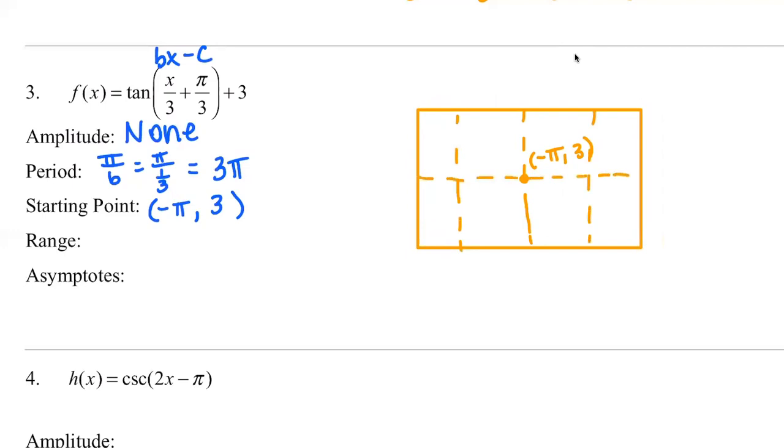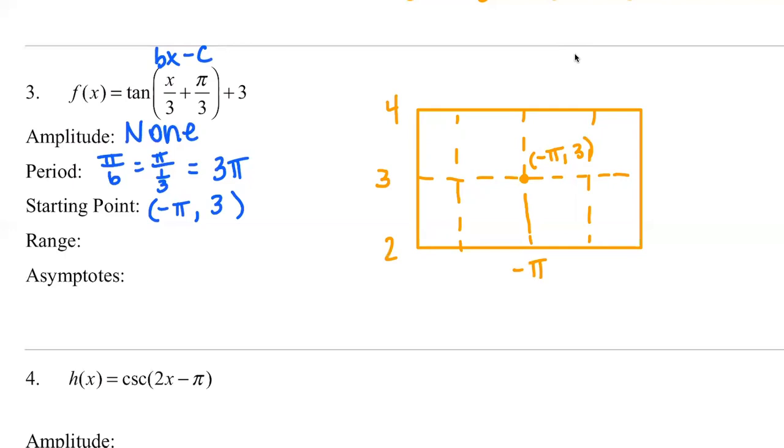Our starting point is just in the middle. Since our starting point is at negative pi, 3, we are going to use the A value to figure out how tall our frame is. So we're going to go up to 4 and down to 2 in order to get this frame. Now, negative pi is right here.